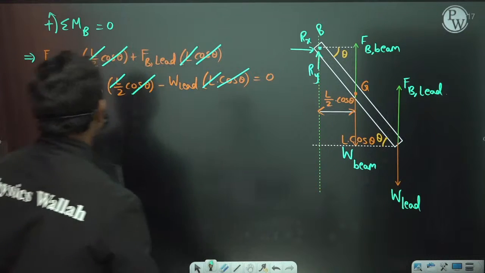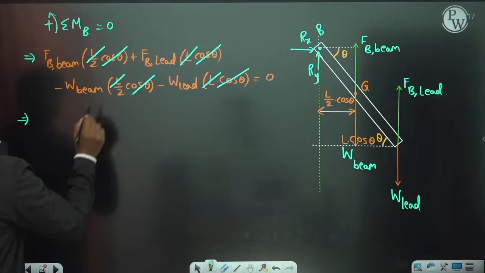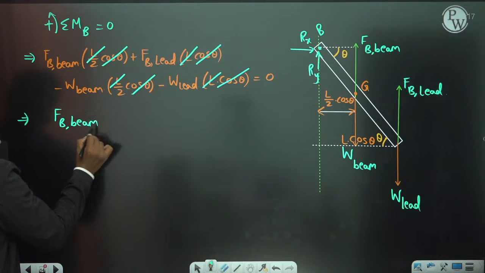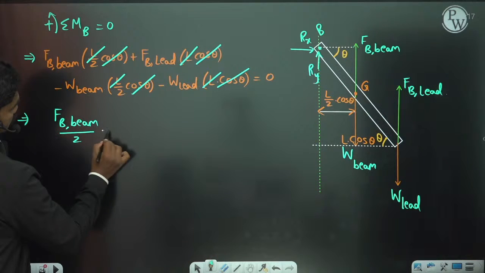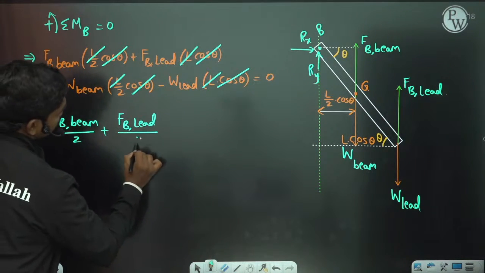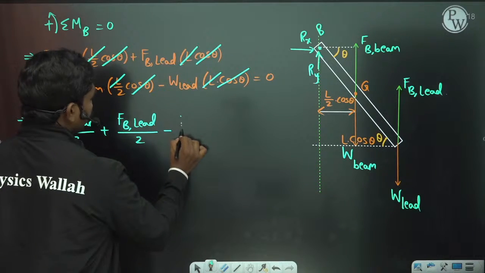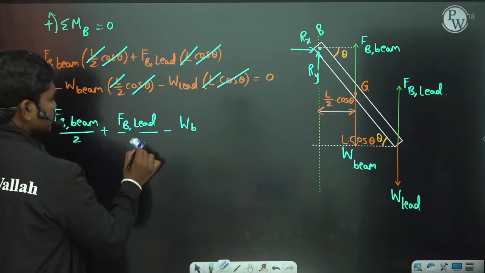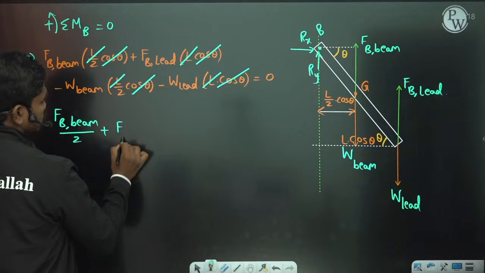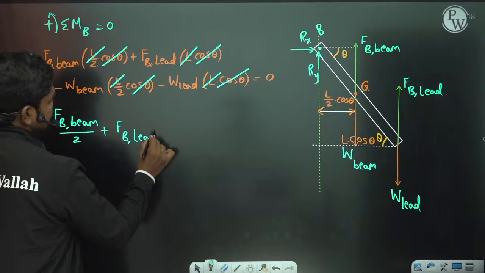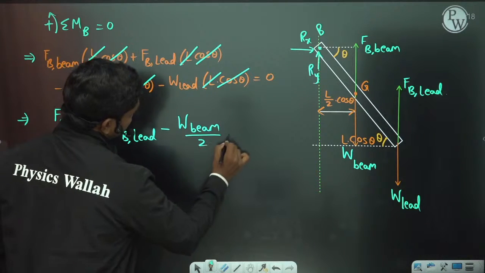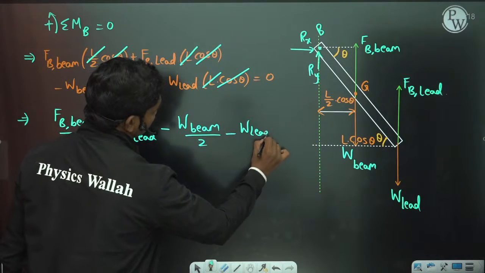Let us calculate. If you simplify, buoyancy force acting on the beam by 2 plus buoyancy force acting on lead, sorry, there is no 2 here for the lead, minus weight of the beam by 2 minus weight of lead is equal to 0.